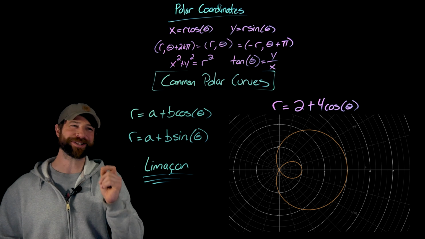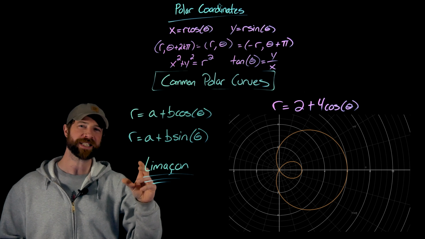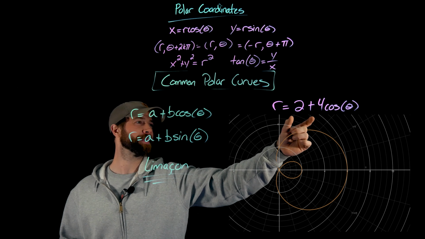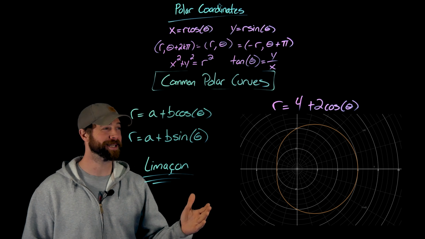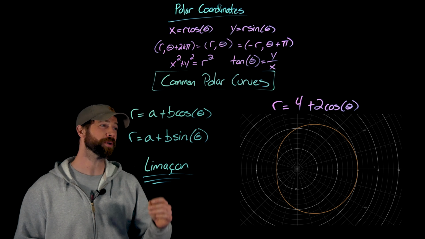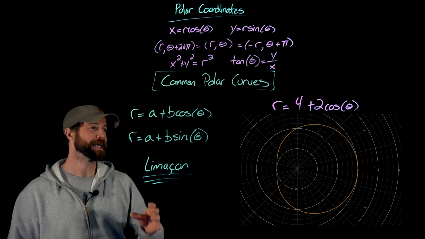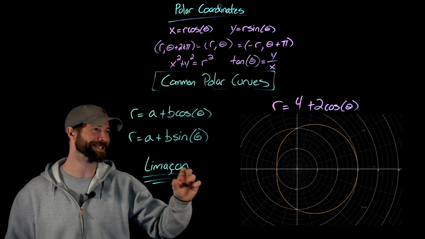But in my mind, these are only interesting if the b value is bigger than the a. Just to give you one second, let's switch these around and look at what happens if this is 4 and that's 2. I think you probably can agree that's not quite as cool. Importantly, while this is still a limaçon, it doesn't have that little loop curl on the inside.